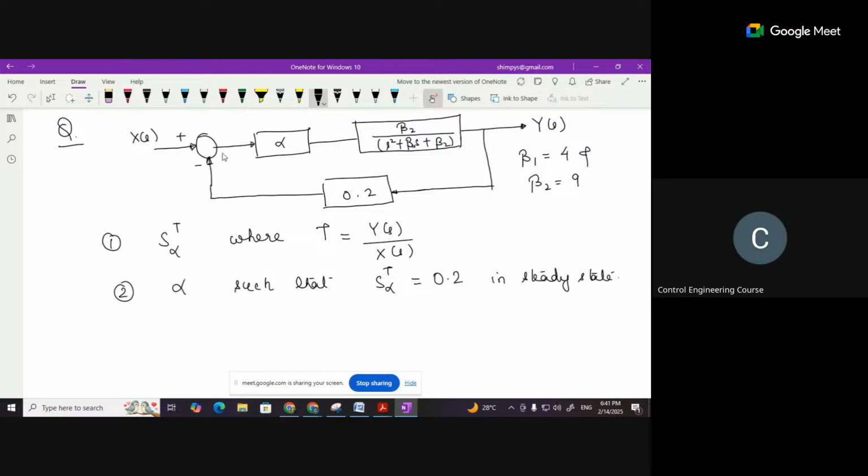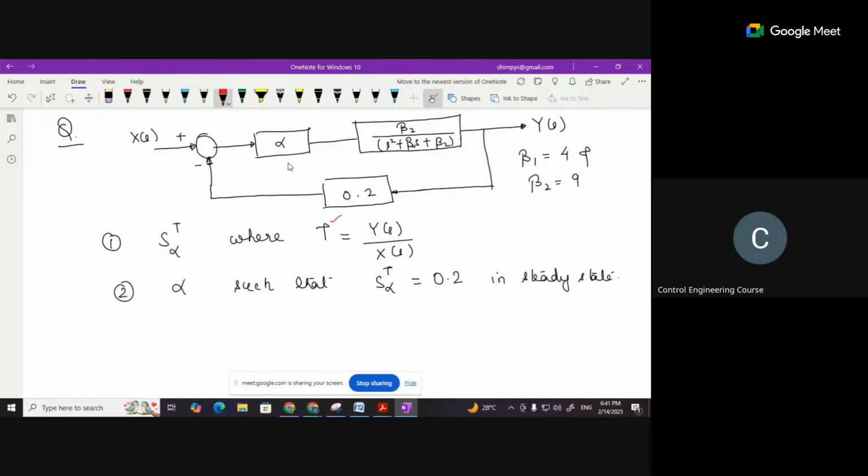What is the first step we should start with? What will we do first? Yes, we have to find T, correct. We have to find first of all T. So we have to evaluate T, which is the Laplace transform of output by input.